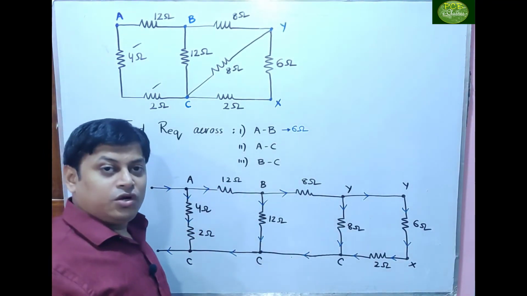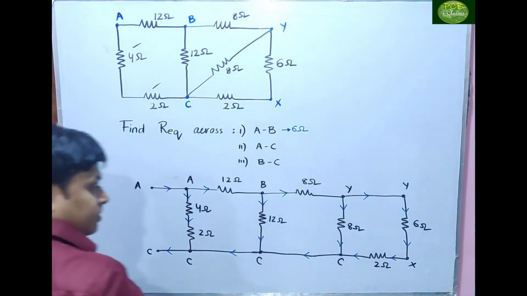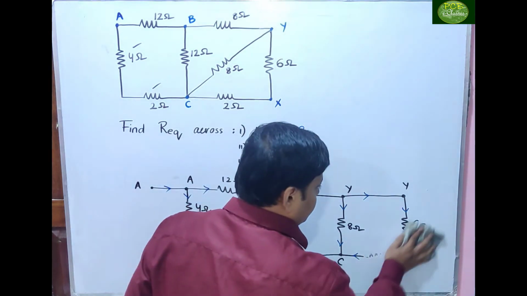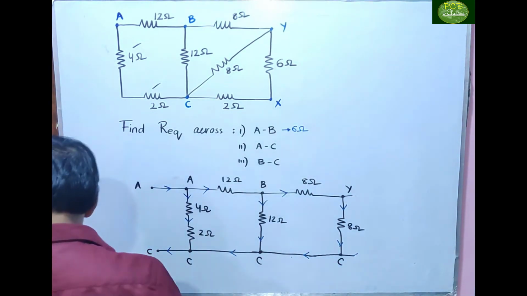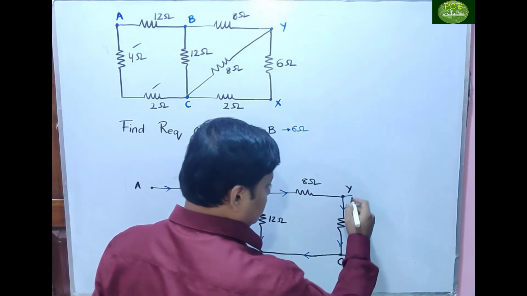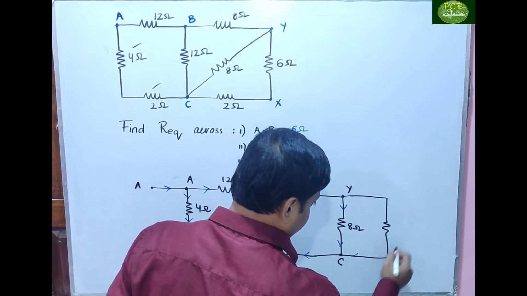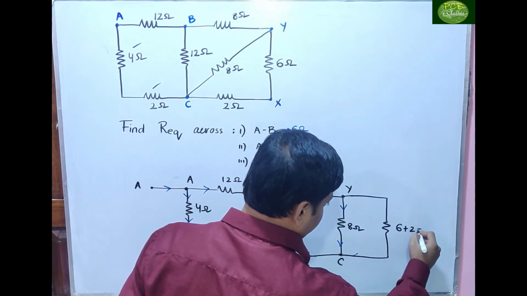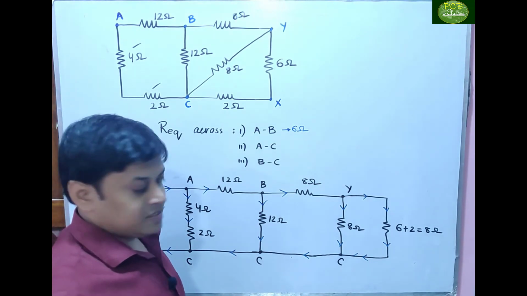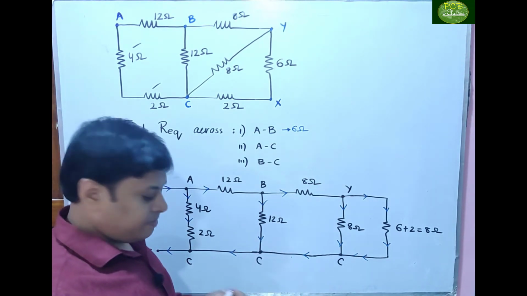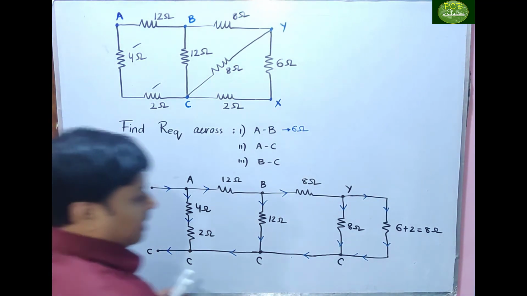So 6 ohm and 2 ohm will be in series. So I replace 6 and 2 with a simplified resistance, 6 plus 2 equals 8 ohm. Can I say 8 ohm and 8 ohm are parallel? Yes, because the starting and ending points are the same. So can I replace these two with 8 parallel 8?